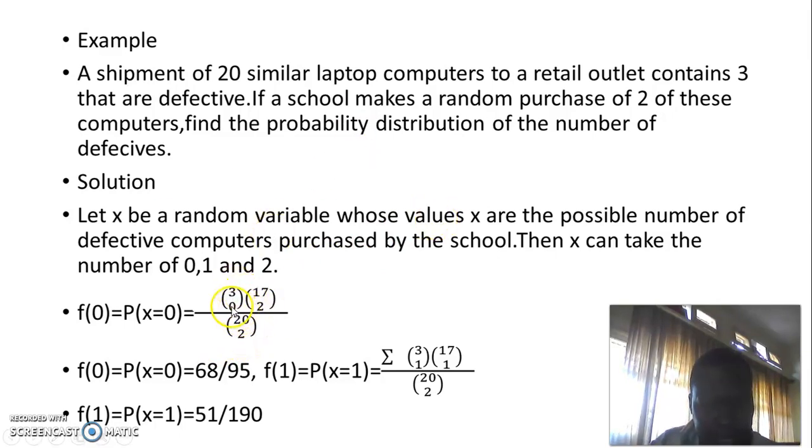In other words, this bracket here shows us the different ways of selecting 0 from 3 and 2 from 17, whereas this one shows us the different ways of selecting 2 from 20.